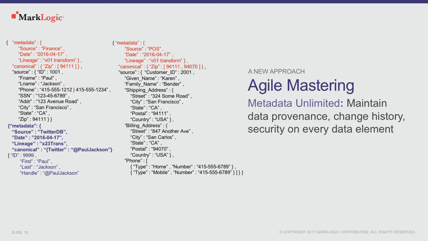You might lose the lineage, the timestamps. You don't know how we arrived at this, what transform was used. And when you lose all of that data, are you able to fix problems that crop up? No, you probably can't. But if you're storing unlimited metadata in the database, you can. It is possible.